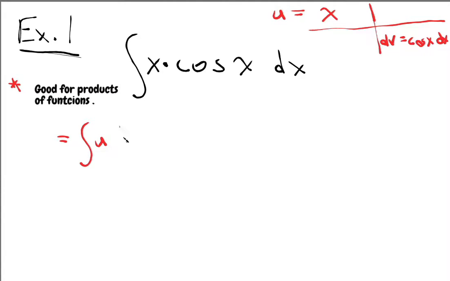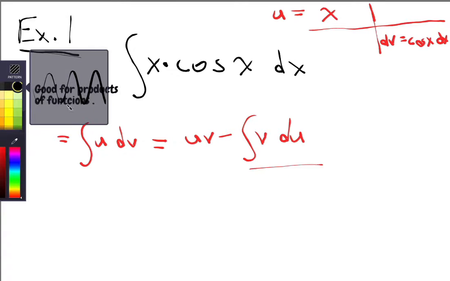We consider our initial integral as an integral of u times dv, and then we can rewrite that using the formula, which is uv minus the integral of v du. It's simply another way of substituting and rewriting things to end up with an easier integral, and the hope is that this integral will be easier to calculate.